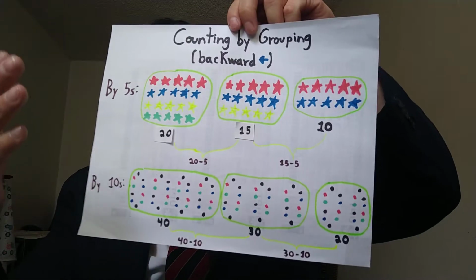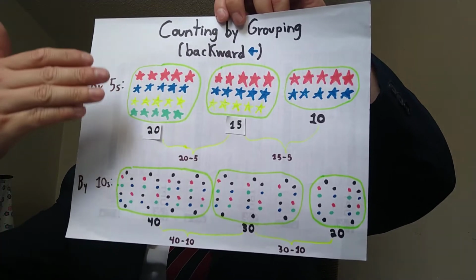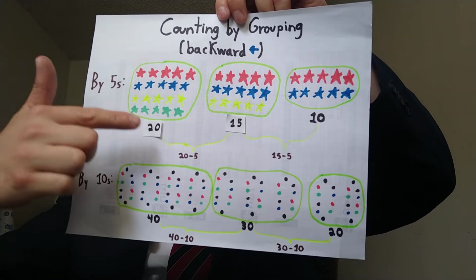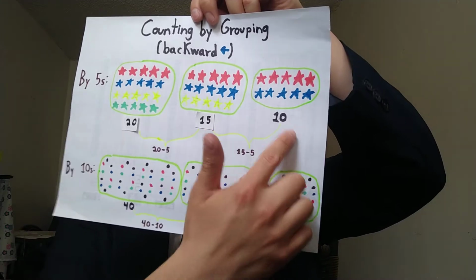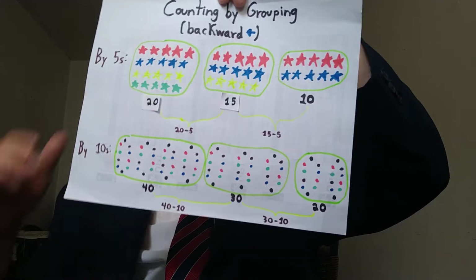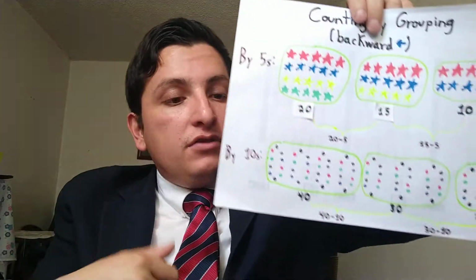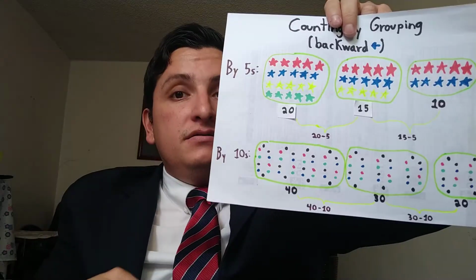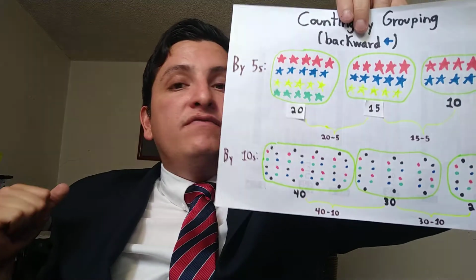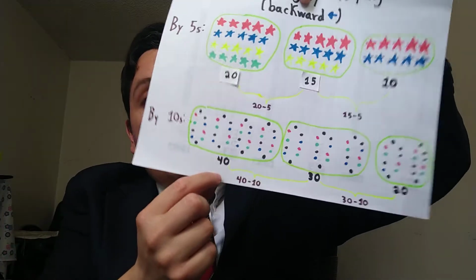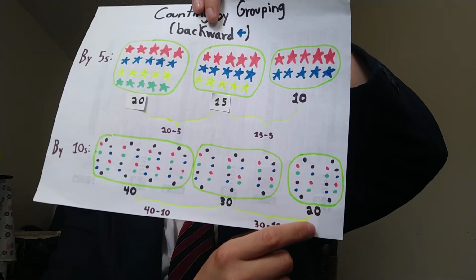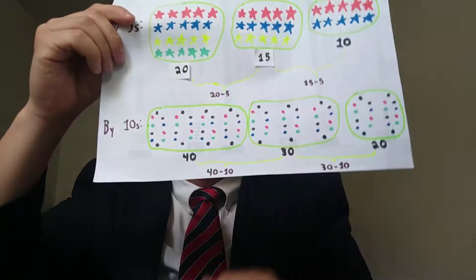Yes, as you can see here, we begin in this part with a big number and we finish with a small number. Yes? We are going to do the same thing again, but this time by tens. Just like before, we have to begin with a bigger group and we have to finish in a smaller group, or a small number in this scenario.